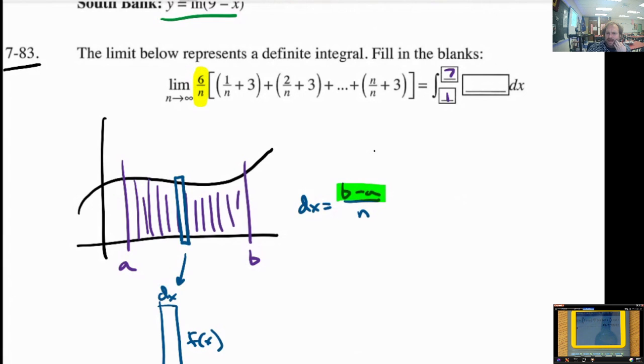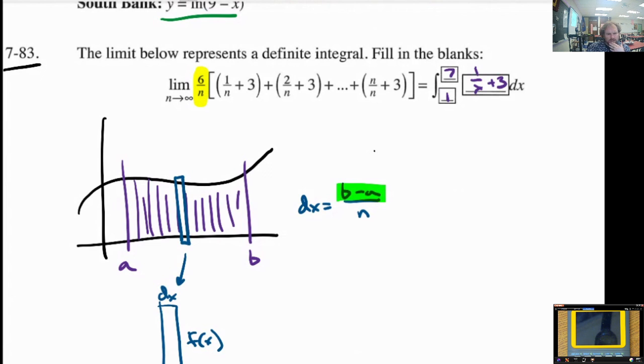I'm thinking 1 over x plus 3 is probably the best answer. Yeah, I think 1 over x plus 3 is a good answer for this question. I think that's going to be right. I'm going to stick with that.